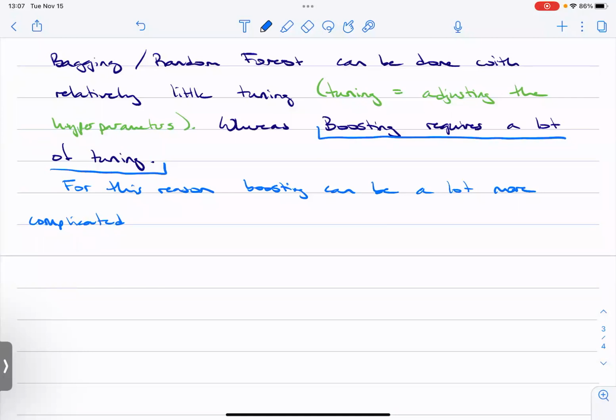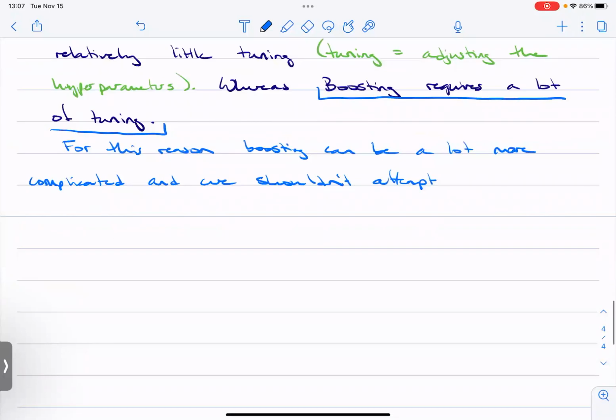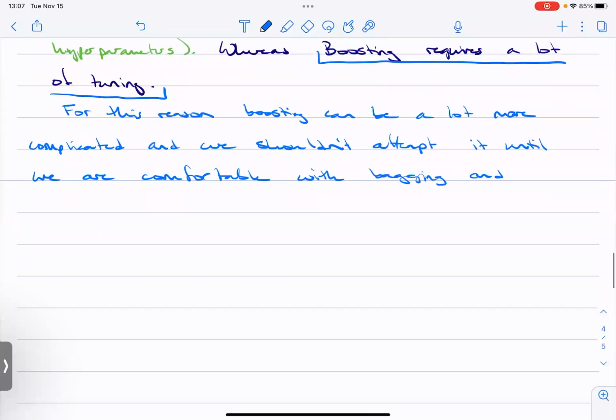A lot more complicated, and we shouldn't attempt it until we're comfortable with bagging and the random forest.